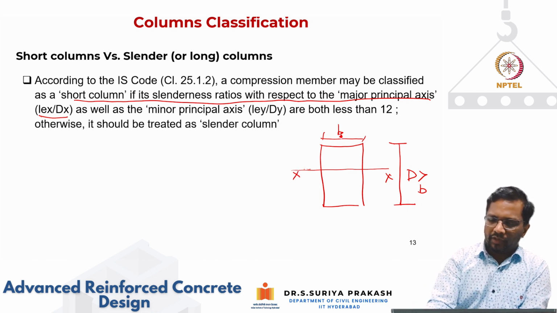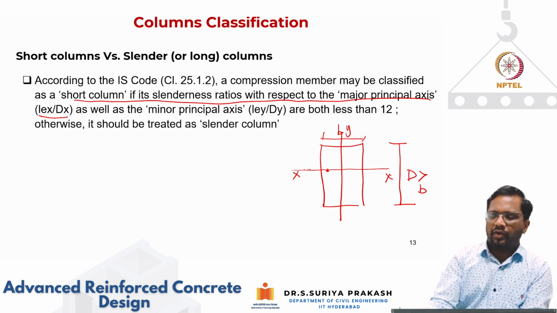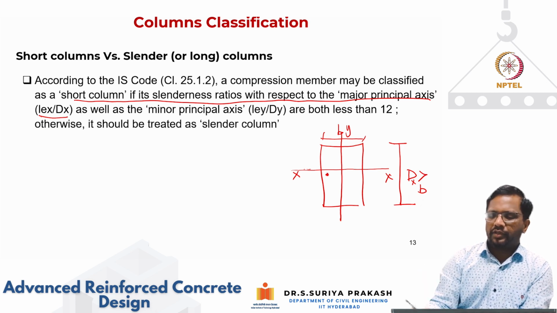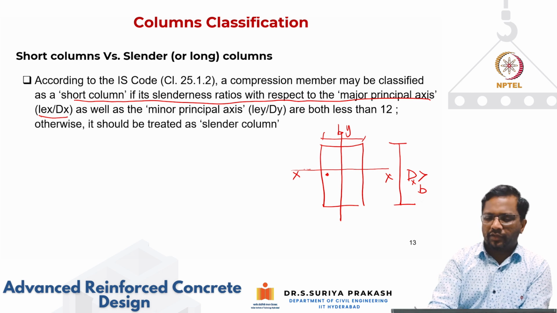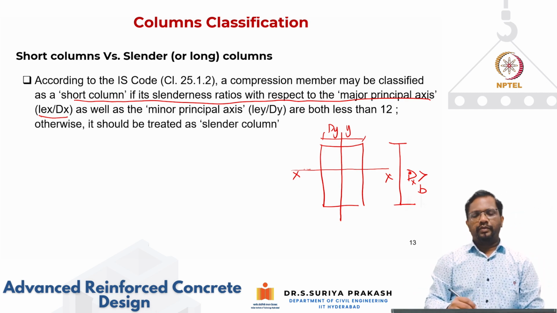Now this is considered the minor axis of bending. The dimension crossing the major axis they call Dx. The dimension crossing the minor axis they call Dy. That means instead of b I have to use Dy. Here it is Dx. So this is the way we define.